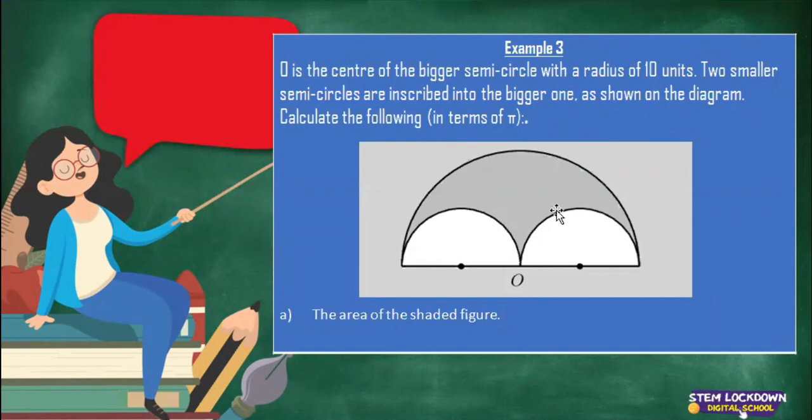So the circumference here is pi r, and the circumference here is also pi r. Adding pi r to pi r gives you 2 pi r.